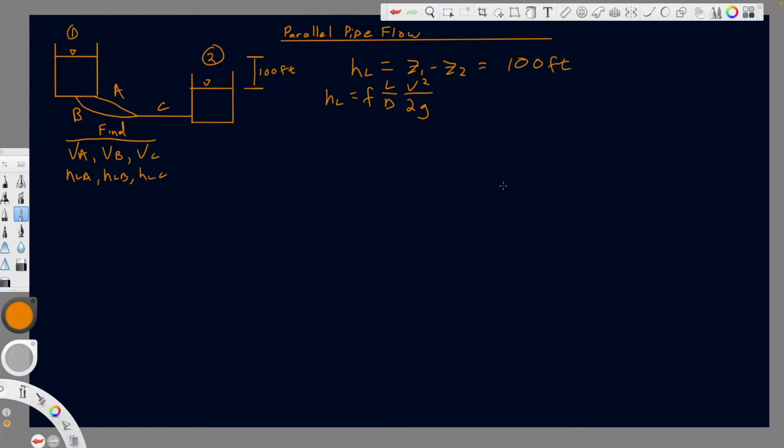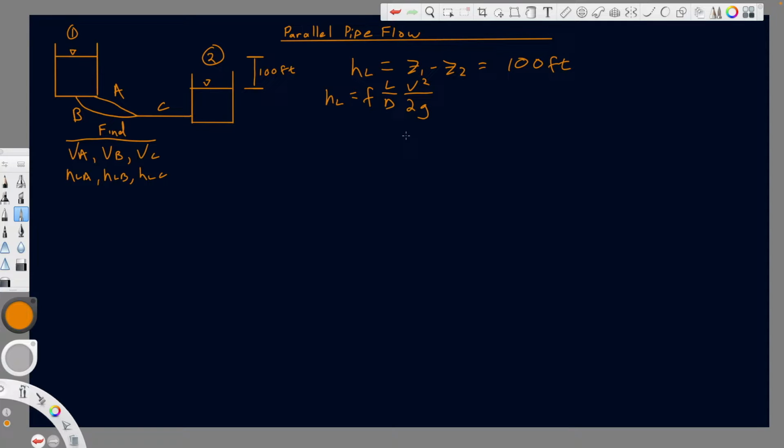The first thing is the head loss relationship between pipe A and pipe B. How do you develop a relationship between these head losses? Do you think it's going to be dependent on the characteristics of the pipe or the velocity? Could one be more than the other? Is there a way to figure that out?